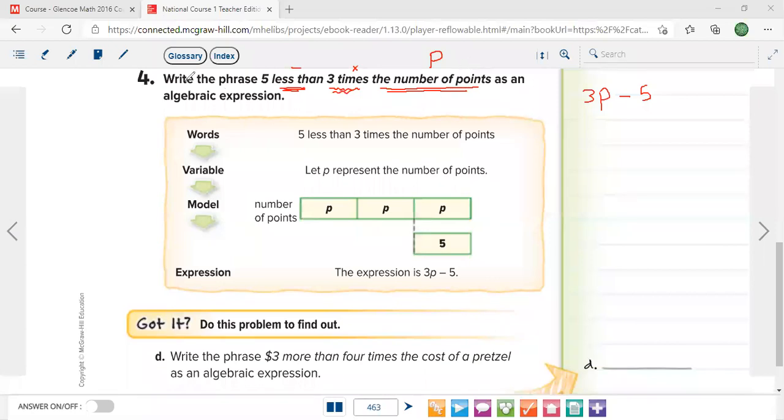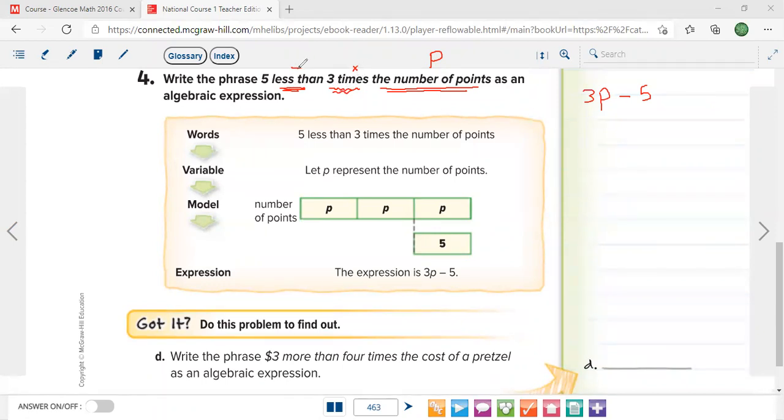Because problem number 4 will give you more information. Write the phrase 5 less than 3 times the number of points as an algebraic expression. Let's begin with the variable, the unknown, the number of points. We don't know what the number of points is, so let's say the number of points is P. Now, 3 times means multiply.